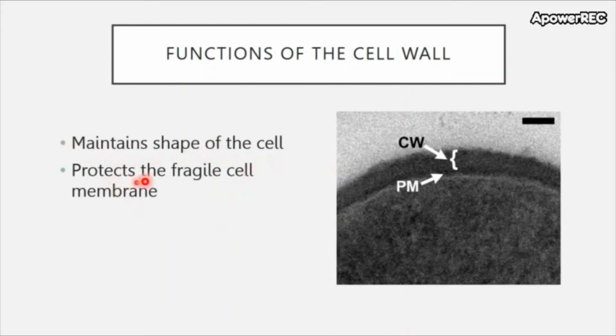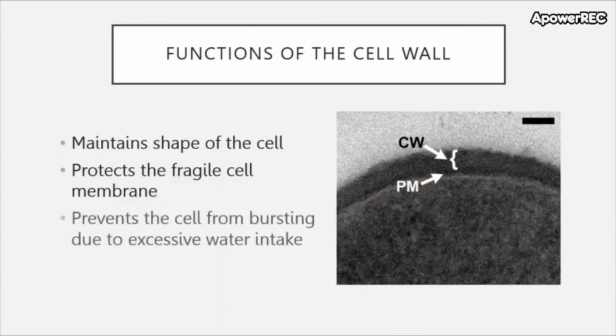It also protects the very fragile cell membrane. And as a result, it prevents the cell from bursting due to excessive water intake. And proteins also become embedded and stabilized within the cell wall, whereas they would not be so stabilized inside of a plasma membrane. So we can have our flagella anchored and stabilized in the cell wall.